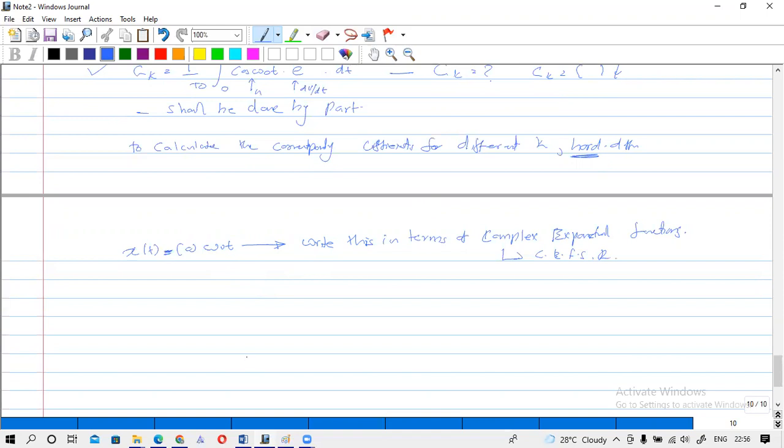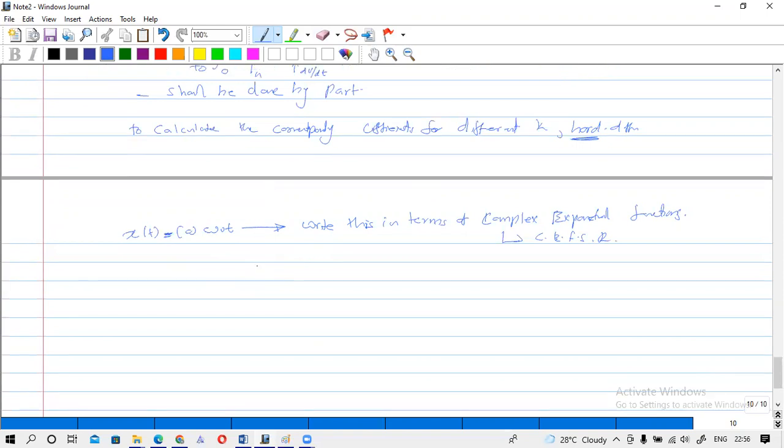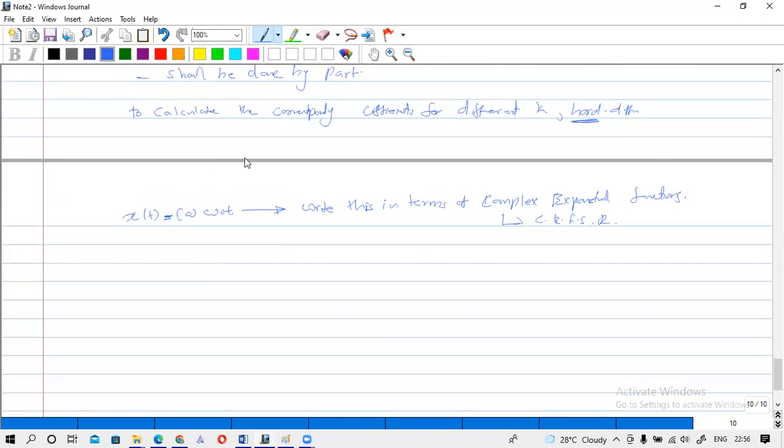Do you remember anything? Please pause the video and try to remember. If you have done some examples in signals and systems, I think you will remember the Euler formula.